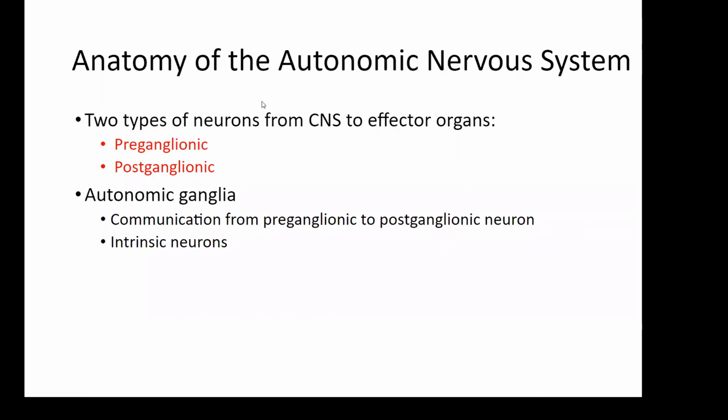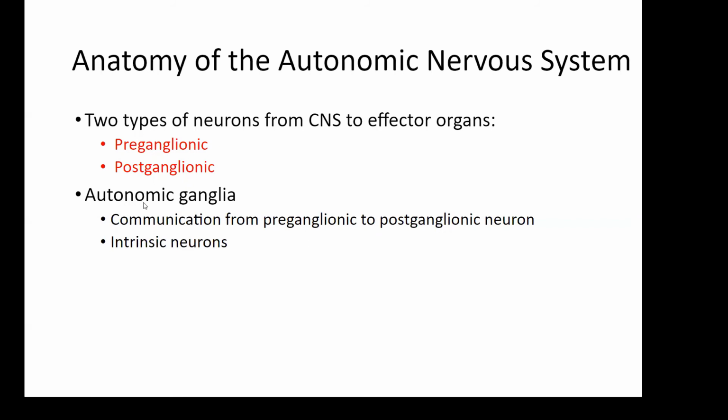So when we're thinking about either our sympathetics or parasympathetics, we're going to be thinking about multiple neurons in a chain that synapse. And we'll take a look at those synapses and how they look in the sympathetic nervous system versus the parasympathetic nervous system. So we're going to see some differences in where they synapse. We're going to see some differences in receptors and neurotransmitters associated with these preganglionic and postganglionic cells.